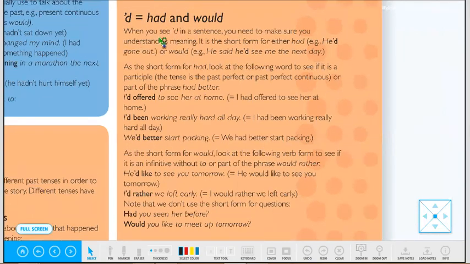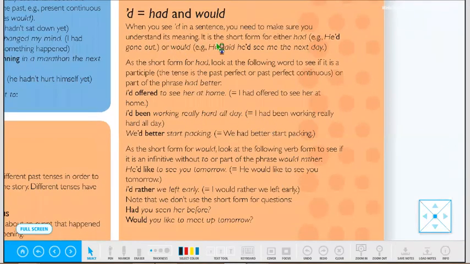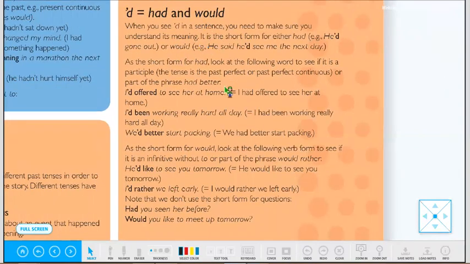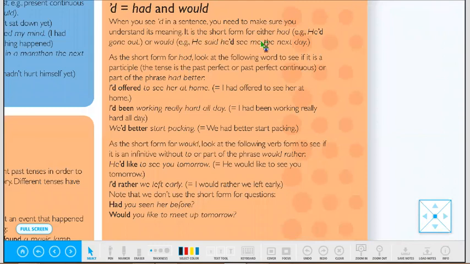Then they say, when you see apostrophe D in a sentence, you need to make sure you understand its meaning, and it is very important not to confuse one with another. It is the short form for either had, he'd gone out, or would, he said he'd see me the next day. These are the two examples they provide to differentiate both of them.